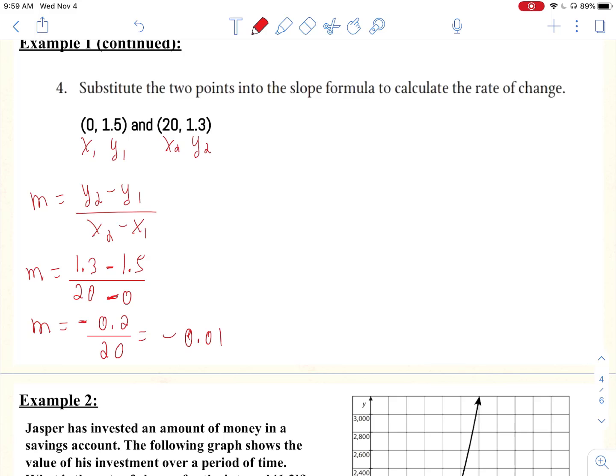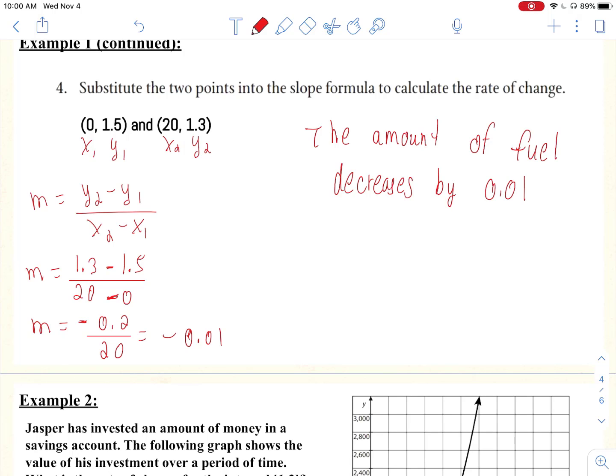So what this means is the amount of fuel decreases by 0.01, and then we need to have our units as well, but just to make note of this, it's decreasing because it's negative. All right, we ended up getting a negative 0.01. It's decreasing because it is negative here.